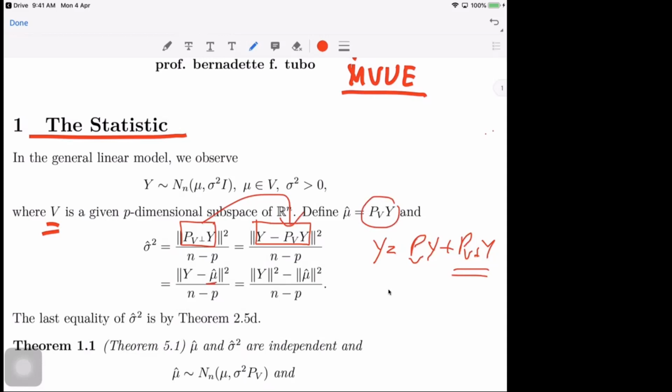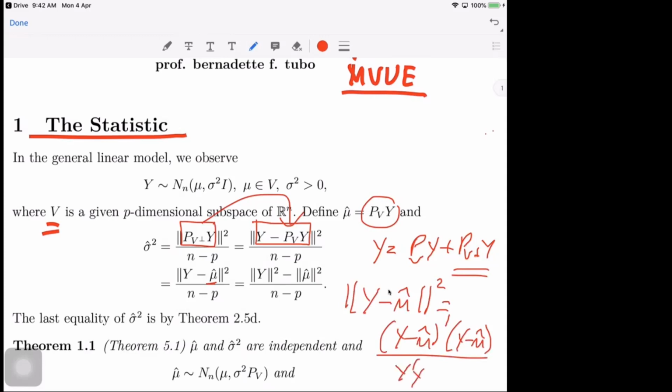And then if you expand this into y minus mu hat prime times y minus mu hat, what you will get is y prime y minus mu hat prime mu hat.